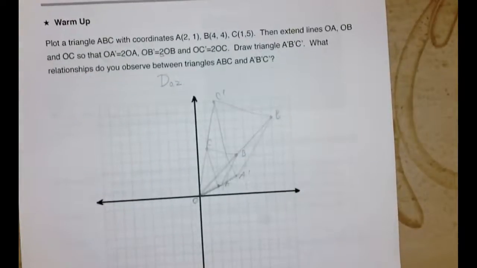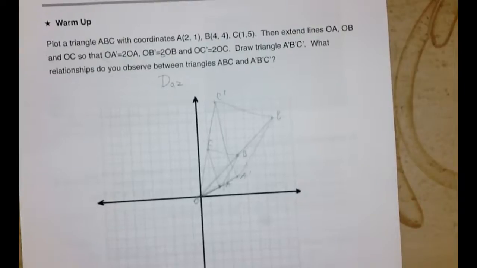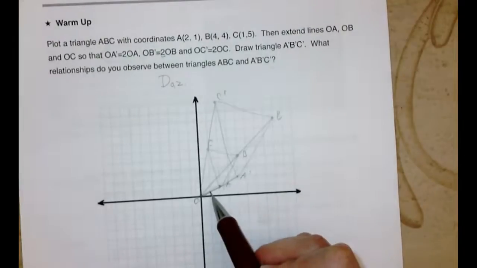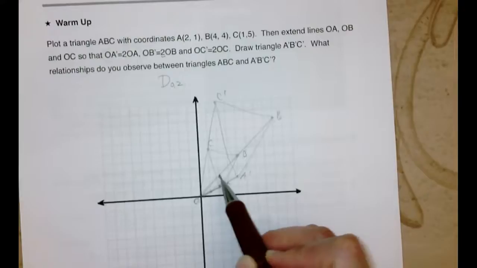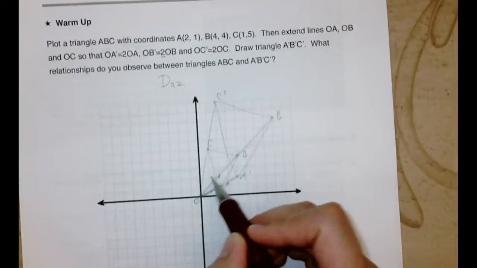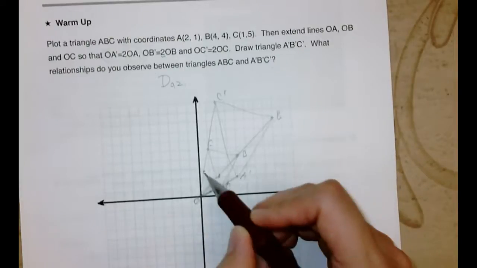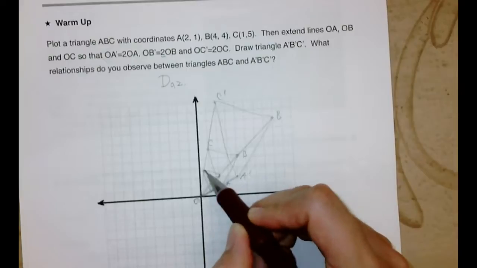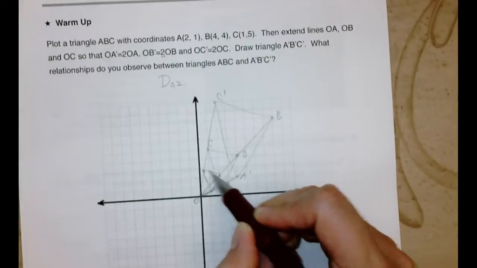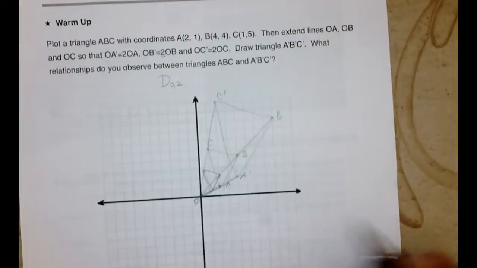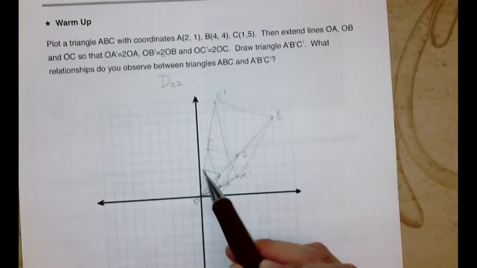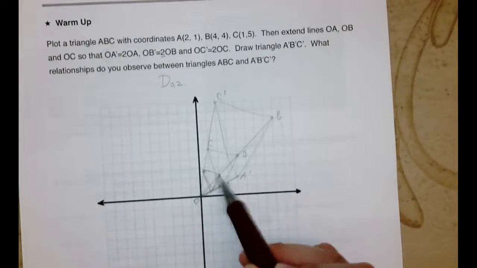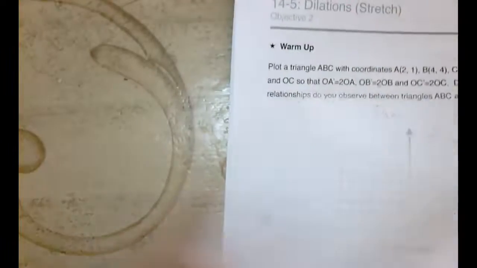If k is smaller than 1, like say 1/2, it's going to go here, right? And right around here. And if it's 1/2, less than 1, it's still positive, so it's going to go in the same direction, but this is smaller, right? And it's called a contraction over here.